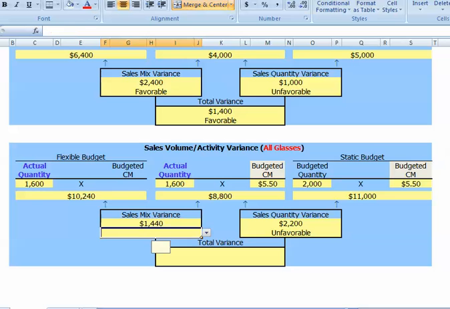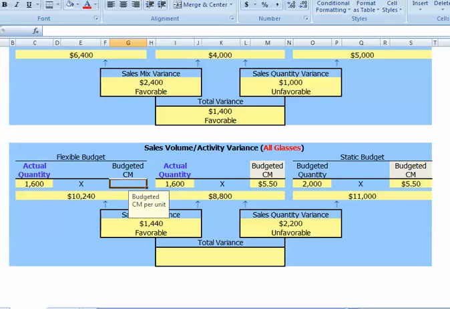And again, in terms of favorable or unfavorable, it is a favorable variance because we shifted to our higher contribution margin glasses, which were the chic glasses. We can see that if we want to back into this contribution margin, 10,240 divided by 1,600 glasses, our budgeted contribution margin would have been 640 had we gone with the higher sales mix. And we can see that down below.